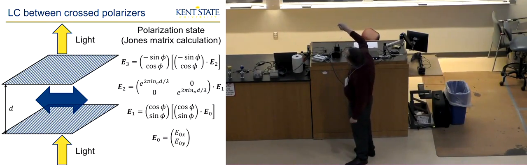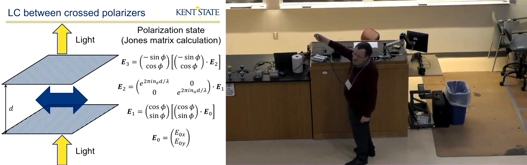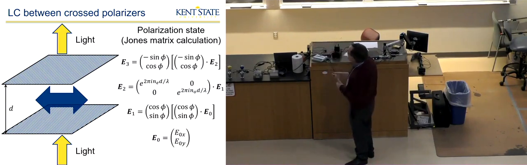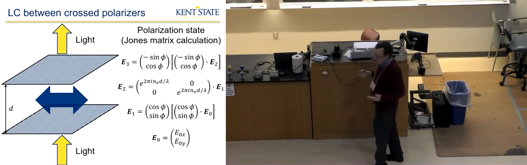Then you multiply by another 2x2 matrix, which represents the projection onto the direction of the second polarizing filter up there. And remarkably, the result is not zero.